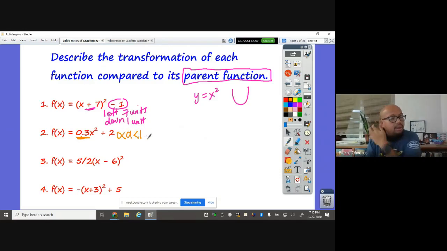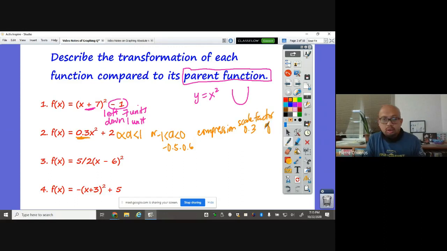Anytime the value of a is between 0 and 1, or a is bigger than negative 1 and less than 0, like negative 0.5 or negative 0.6, that is telling us it's a compression with a scale factor of 0.3.